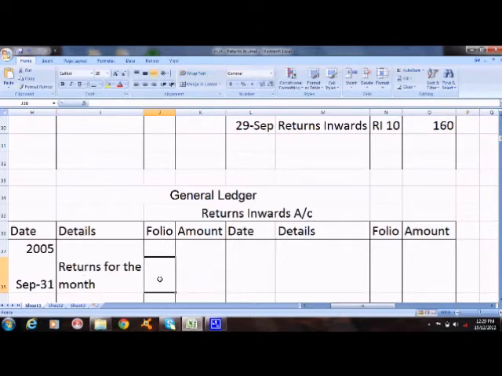We would write what? We would write RI10. I will write P114 because it is page 114 of the general ledger, and the amount would be $610 as the total of returns inwards journal.